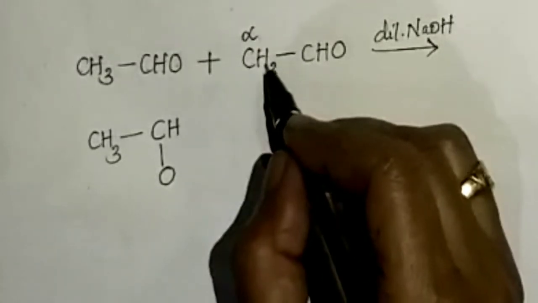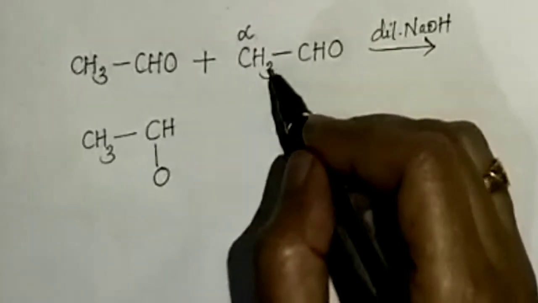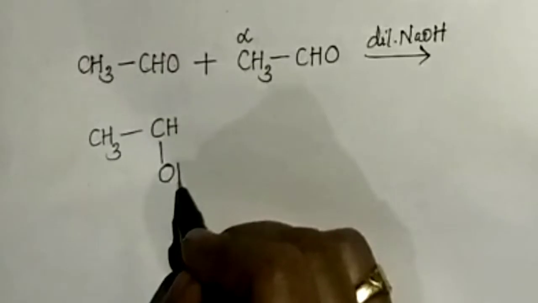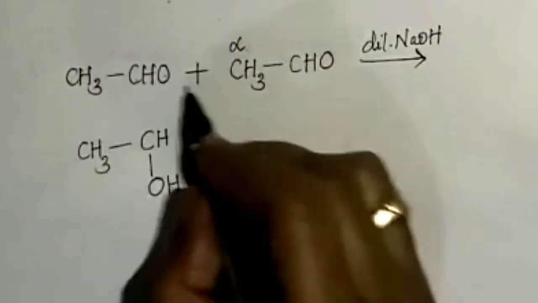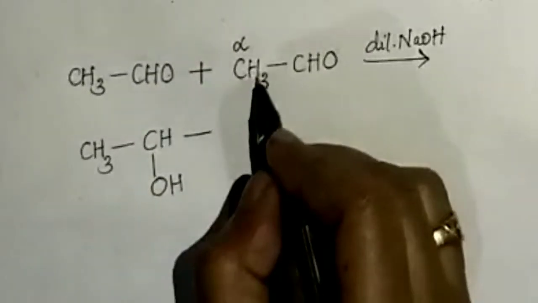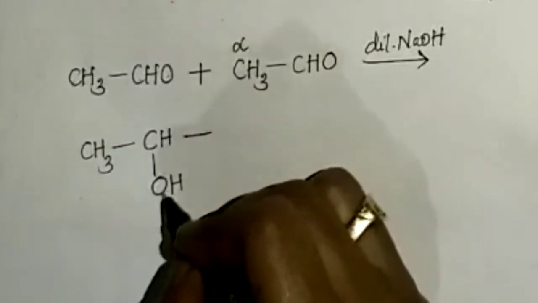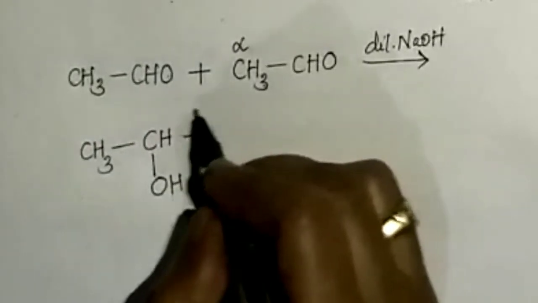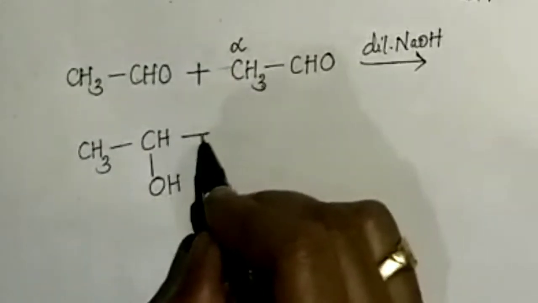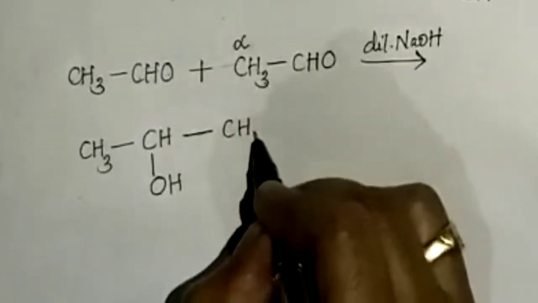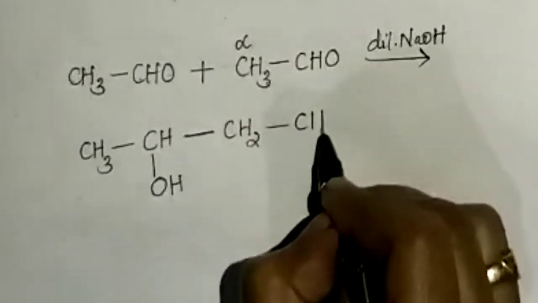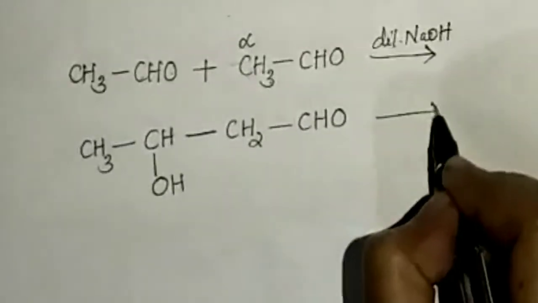From this alpha hydrogen, one hydrogen atom is given to this oxygen. Then a bond forms between them, because one hydrogen is given to this oxygen. The remaining part is CH2CHO.